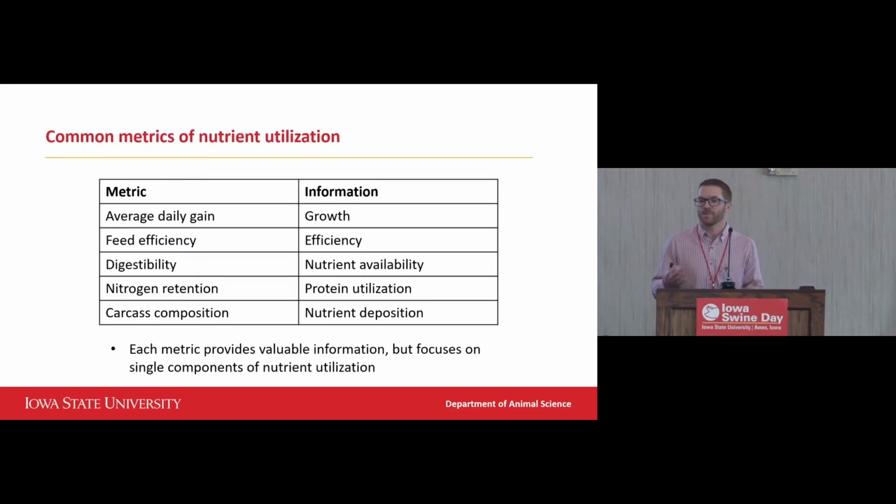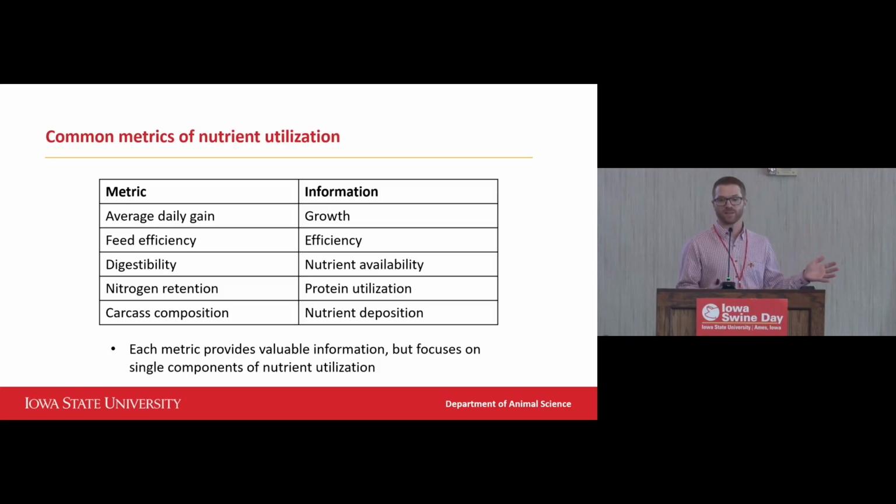And so what are common metrics if we think about how we today practically try to understand nutrient utilization? From a real world perspective, a lot of times we're thinking about growth performance, right? So average daily gain provides us an indicator of the total quantity of nutrients that are being retained by the pig, not necessarily what proportion they consumed.